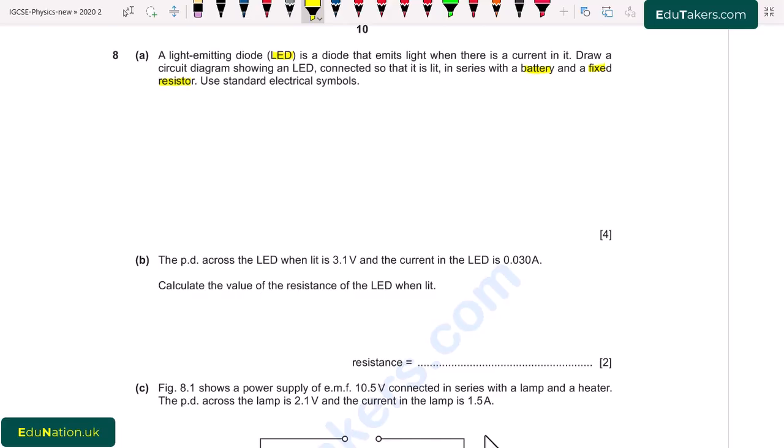Use standard electrical symbols. In order to draw the circuit diagram, we have to know the symbols of the LED, battery and fixed resistor. So I am going to draw these symbols. The LED is represented by the following symbol.